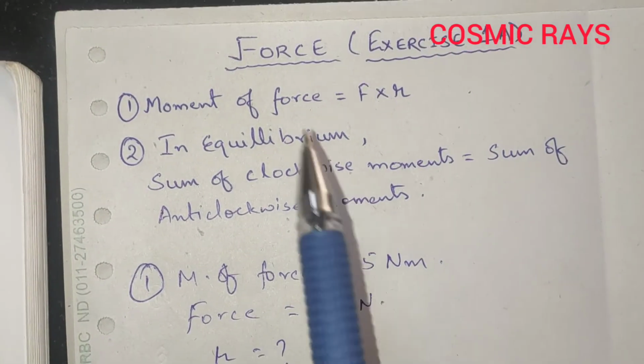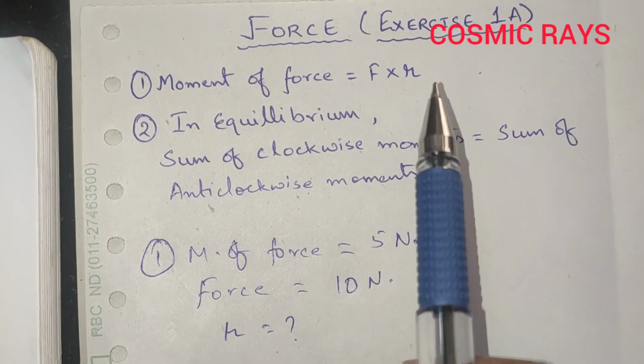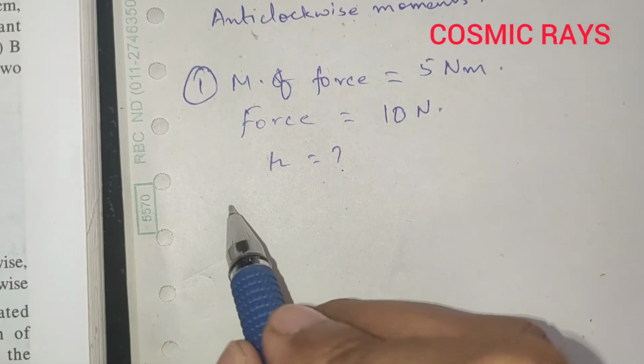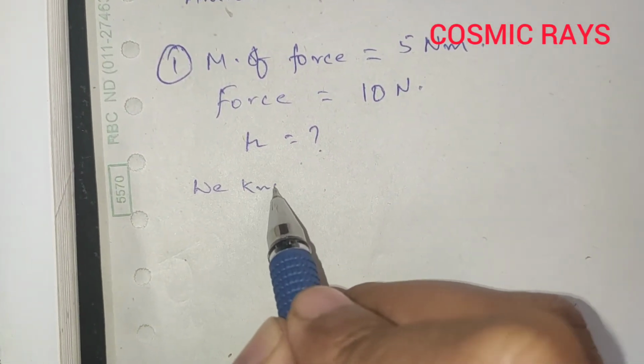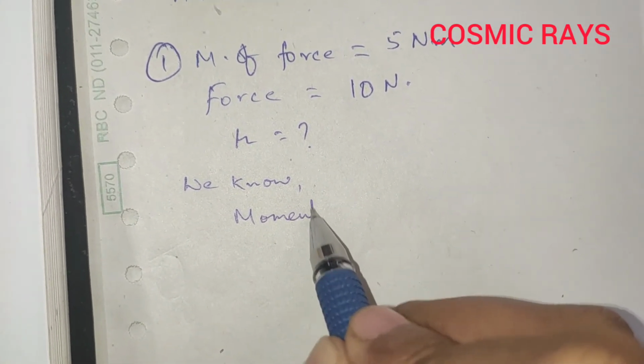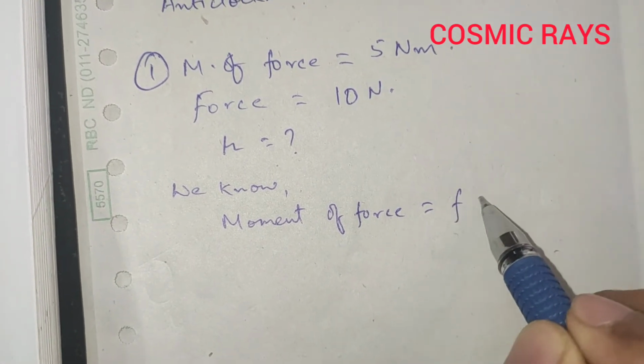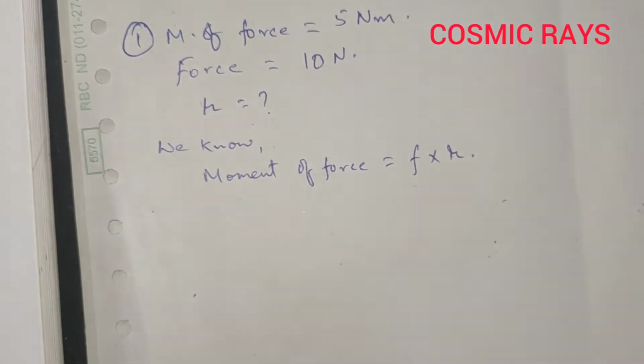As we have discussed, the formula is moment of force equal to F cross R. So we just put the values.